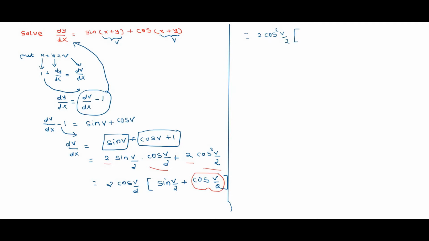From the first term, sin v by 2, we cannot take cos v by 2 common, so there you can divide. We can write it as sin v by 2 divided by cos v by 2 plus, and from the second term if we take cos v by 2 common, we are left with only 1.